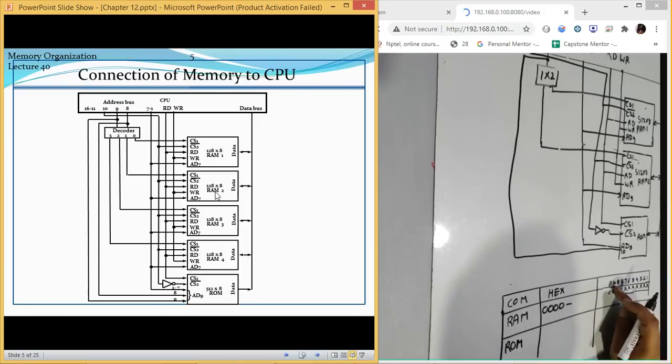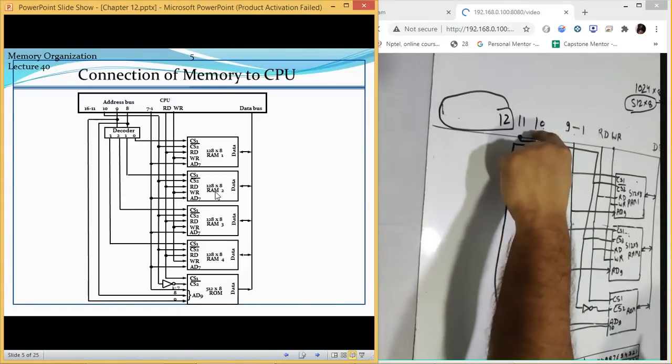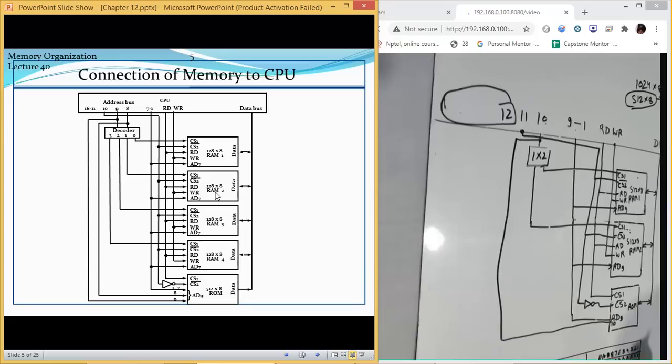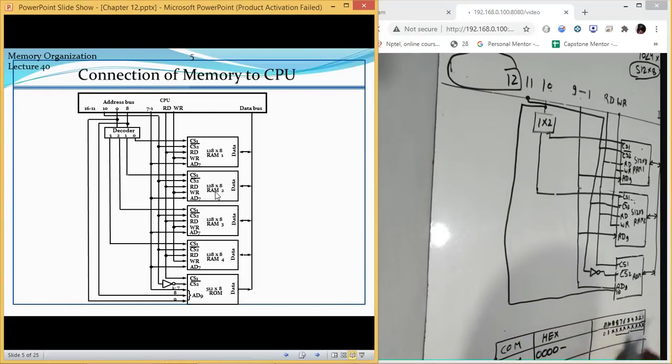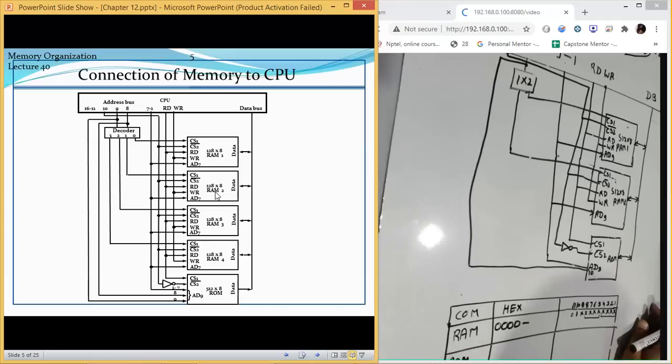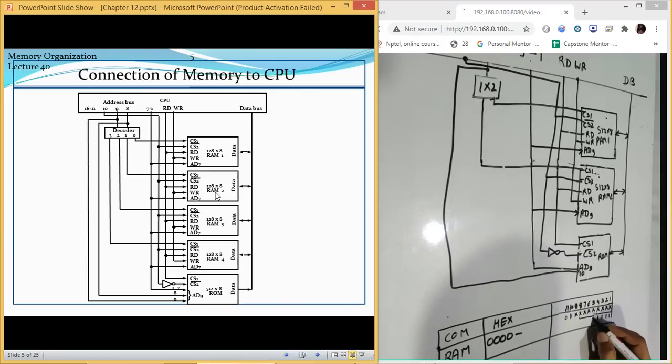Now, next, what will happen if I want this RAM chip to work? The value of 10th bit should be 1. So what I do is I change this bit value to 1, and along with it I make all these values 1, because I am going to find out the last address. So if these all values are 1, let us check what answer we get.